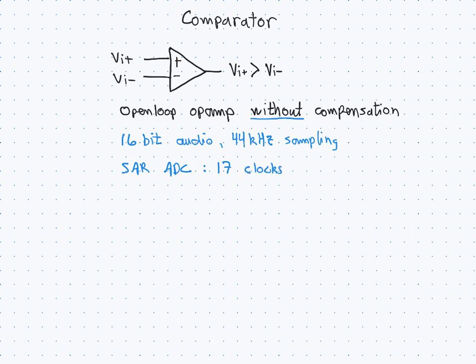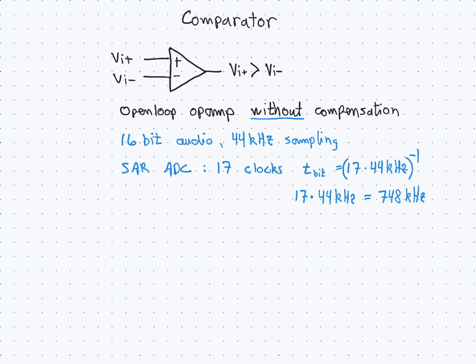That would mean that the time available to process one bit would be equal to the sampling rate times 17 bits to the minus first, which corresponds to a bandwidth for the circuit of 748 kilohertz.